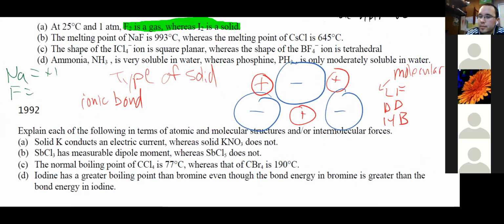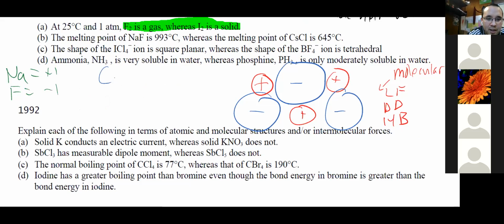And fluorine? -2 would be oxygen. What would the charge of fluorine be? -1, very good.